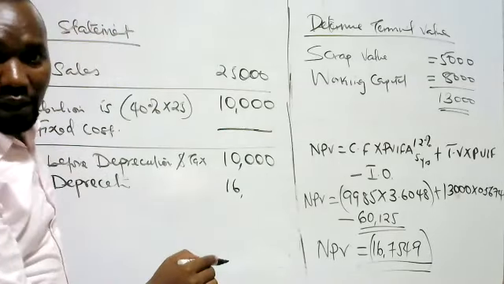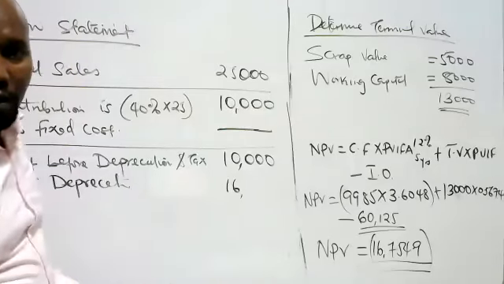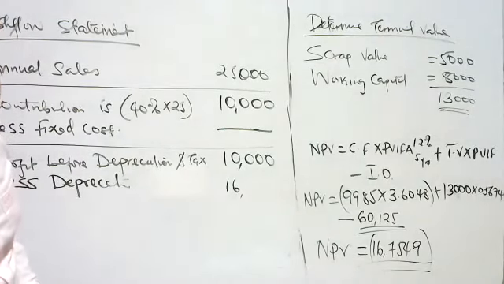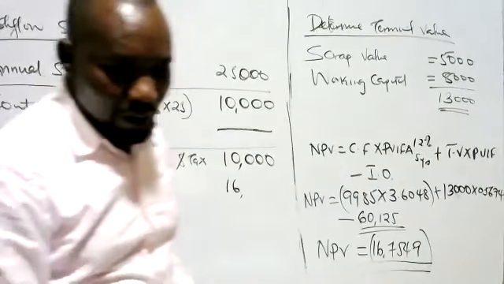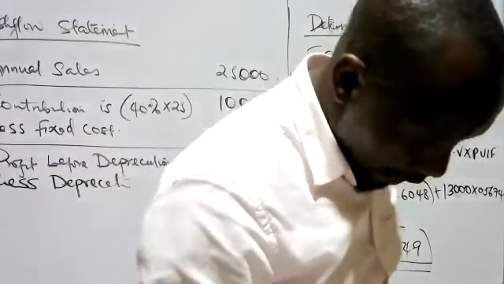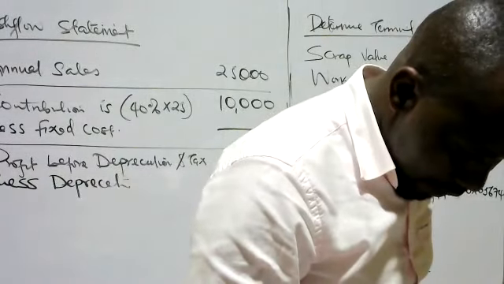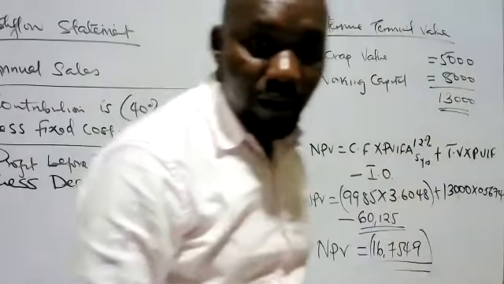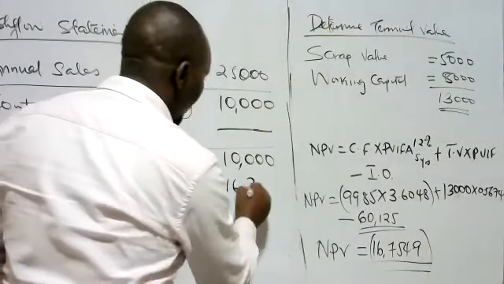It was how much? 16? No, not the new machine, not the old machine. The depreciation of the old machine is to be used in calculating the gap. $16,200.